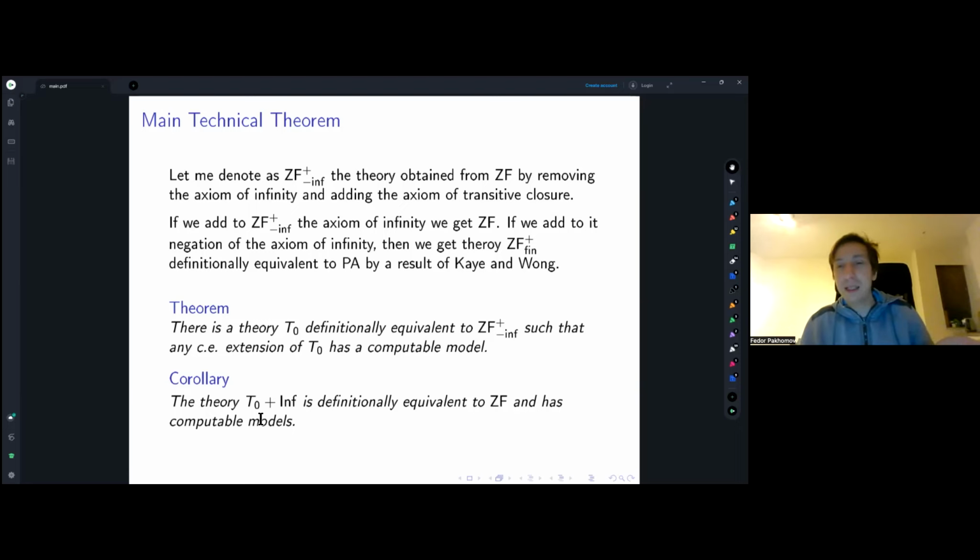And if we add the negation of the axiom of infinity, then we get the theory that I denote here ZF plus phi. That is a theory definitionally equivalent to Peano arithmetic. So it's essentially a very natural theory talking about hereditarily finite sets. And it was proved by Kaye and Wong that they are definitionally equivalent.